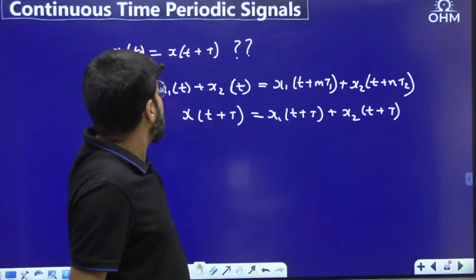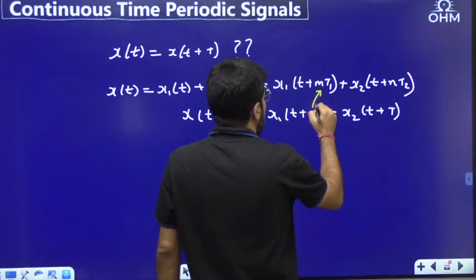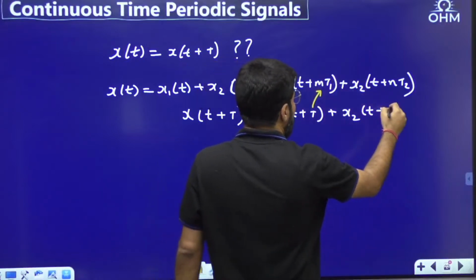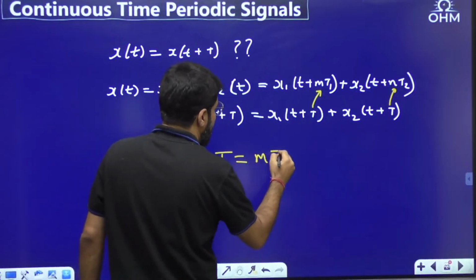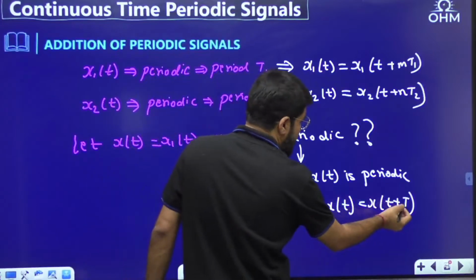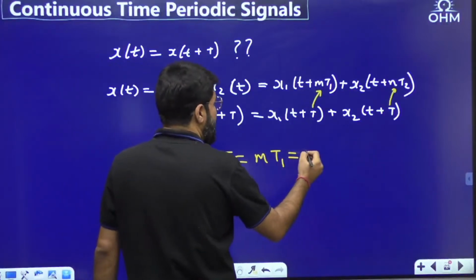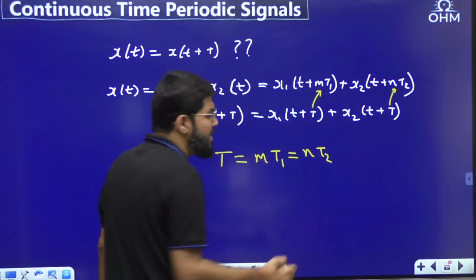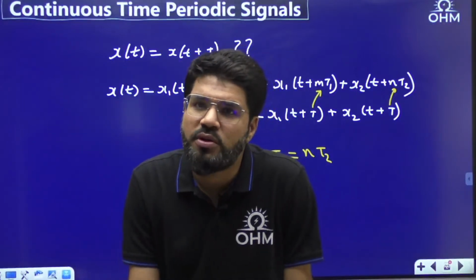For that, the time period T should be mT1 and also equal to nT2, the time period of the combined signal x(t). It should be a multiple of both T1 and T2.